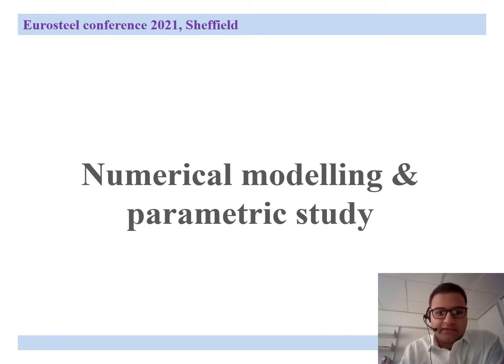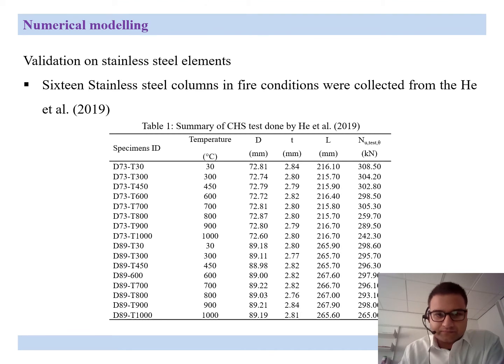Now the numerical modeling and parametric study. So this study was focused on the behavior and design of circular hollow section stainless steel stub columns, and one journal paper was used from here et al. And table 1 summarizes all the specimens of the CHS tests.